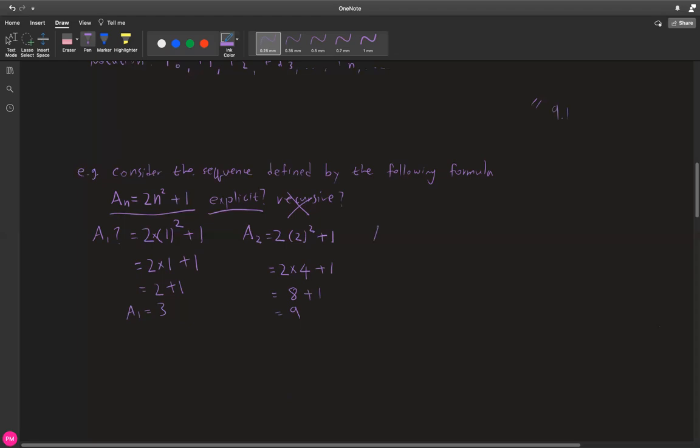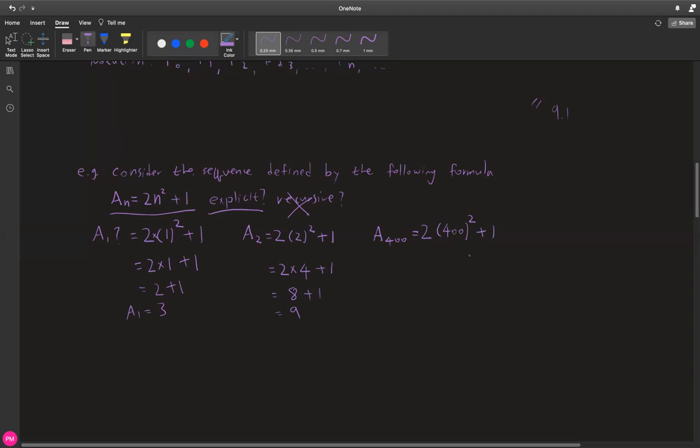But now you're given something ridiculous. Let's say a sub 400. It's a big number, but you simply do it the same way. Given this formula, you're simply plugging in the number 400 for every n you see. So here you would have 2 times 400 to the power of 2, plus 1.